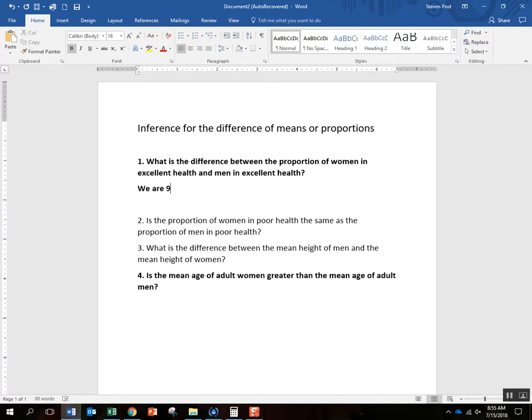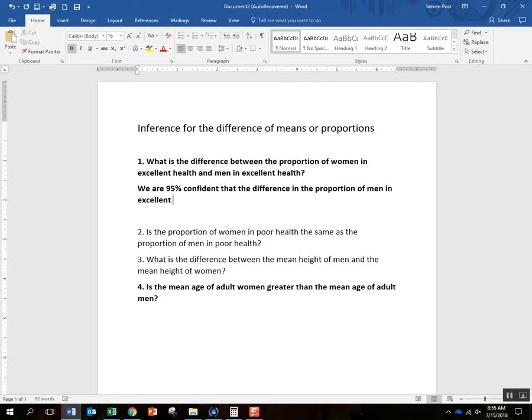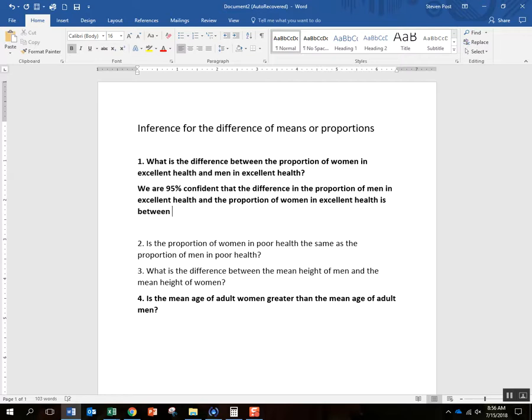We are 95% confident that the difference in the proportion of men in excellent health and the proportion of women in excellent health is between... oh, that's interesting. Go ahead and copy for me.